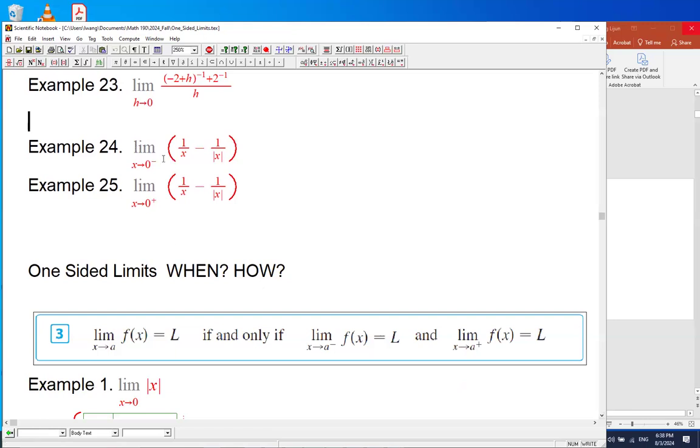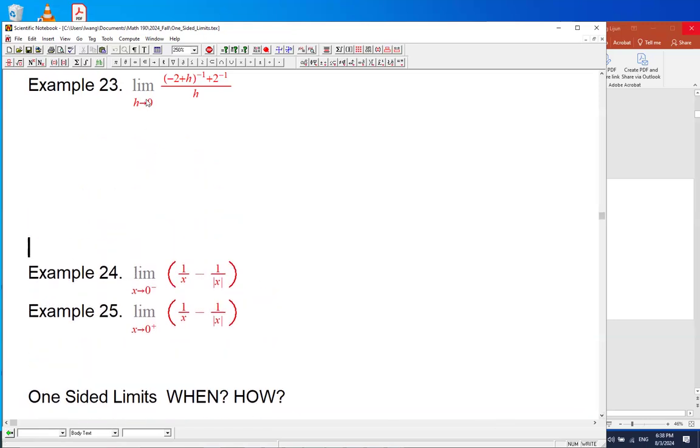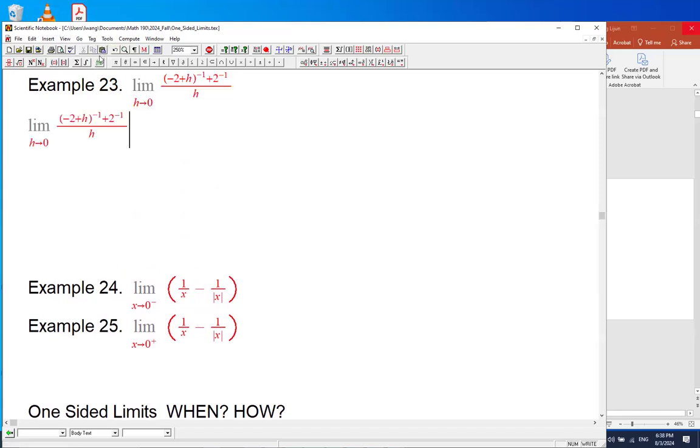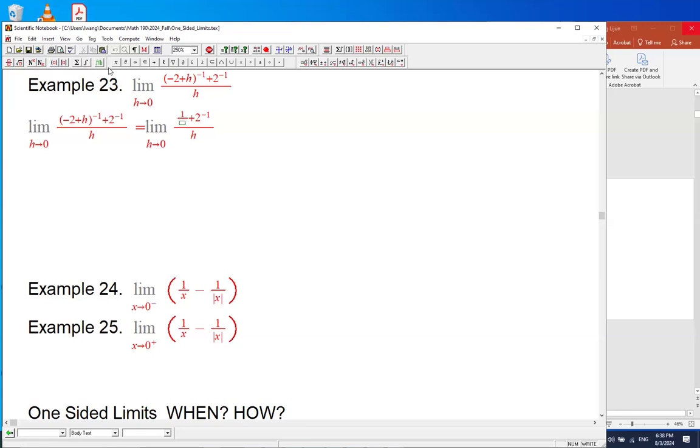Number 23 is a complex fraction. Of course, we can't apply limit law nor direct substitution, but we need to remember how to express it. This piece really just means 1 over negative 2 plus h, and this 1/2 is 2 to the power negative 1.